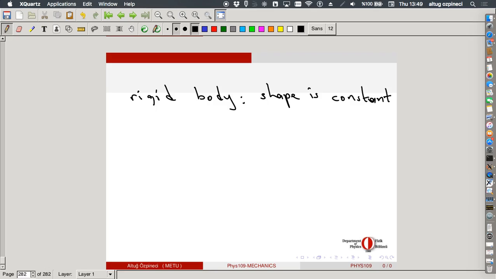Like this wheel. Now, of course, this rubber, the rim, changes its shape slightly. We will just ignore the effects of such changes. So this is the wheel of my bike, nothing fancy.